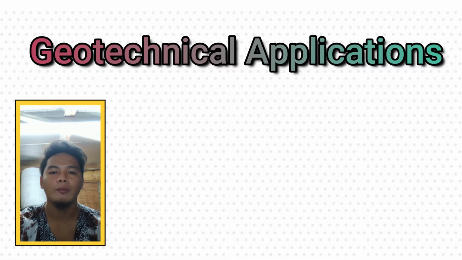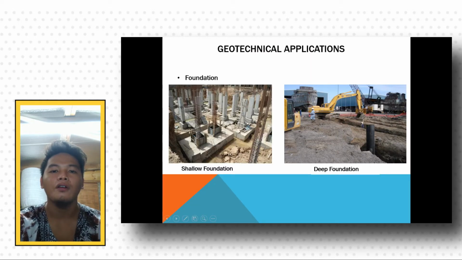So, geotechnical applications. One of these is the foundation. A foundation is the lowest load-bearing part of the building, typically found at ground level. There are two types of foundation: the shallow foundation and the deep foundation.